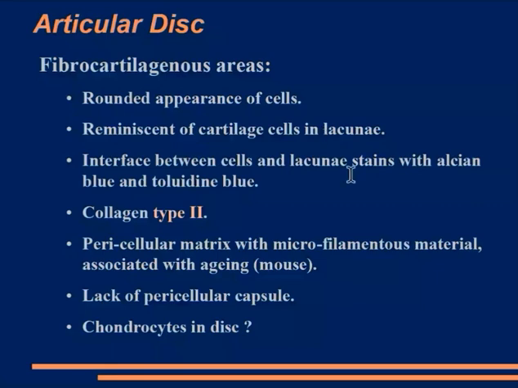The peripheral matrix, we say that most of the cells are found in the outermost layers, okay? But the peripheral matrix surrounds the cells from all over. Now here is the interarticular disc.